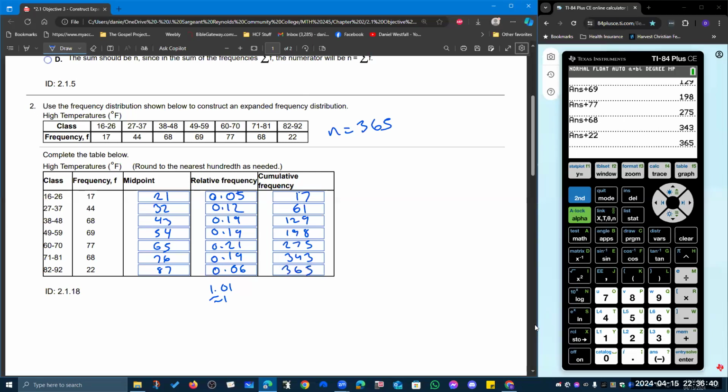And if I had been in doubt of what n was, this is one of the ways that I could have found n: find my cumulative frequency, and there's n that I can use to find my relative frequency.